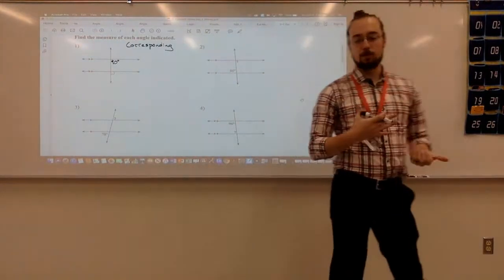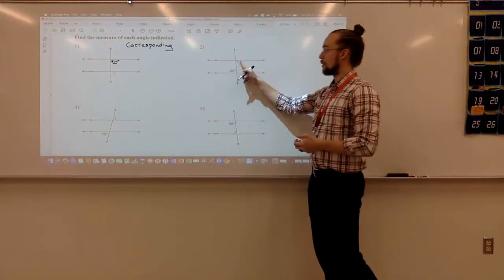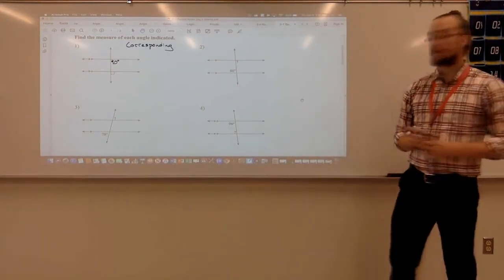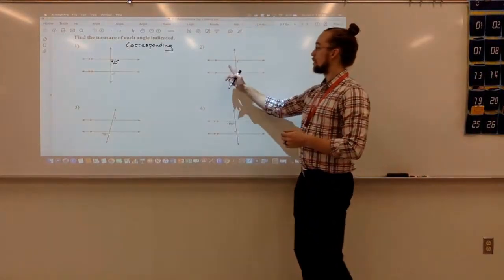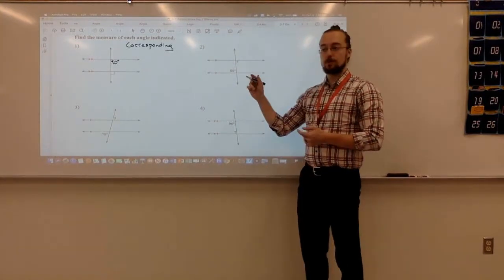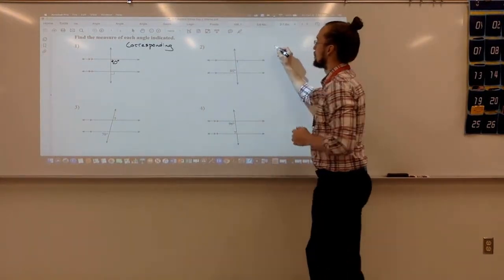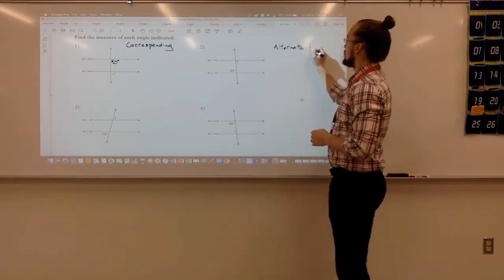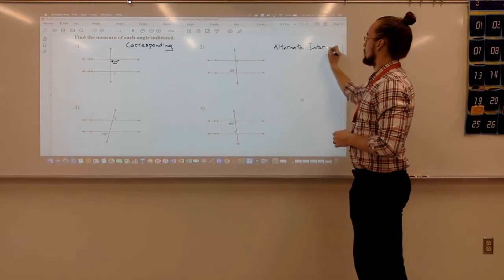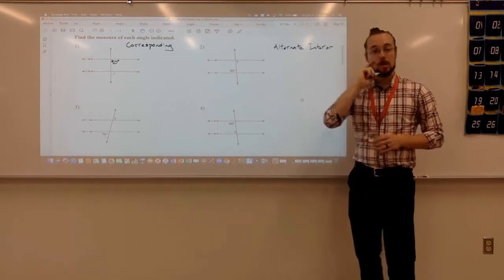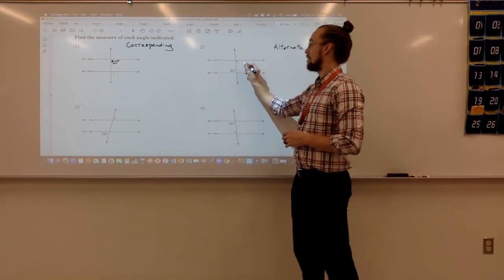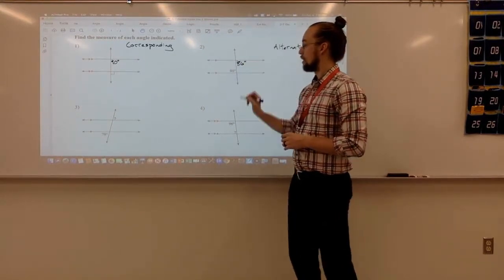What's the name of the relationship between these two angles? Alternate interior. Alternate because they're on opposite sides of the transversal, and interior because they're on the inside of the two parallel lines. What is the relationship between alternate interior angles? They're equal. So if this one's 86, this one's 86.